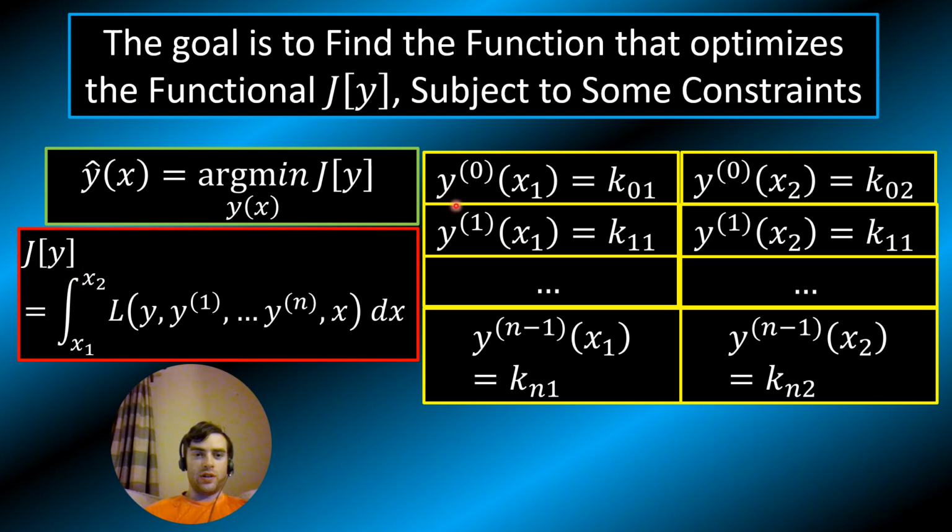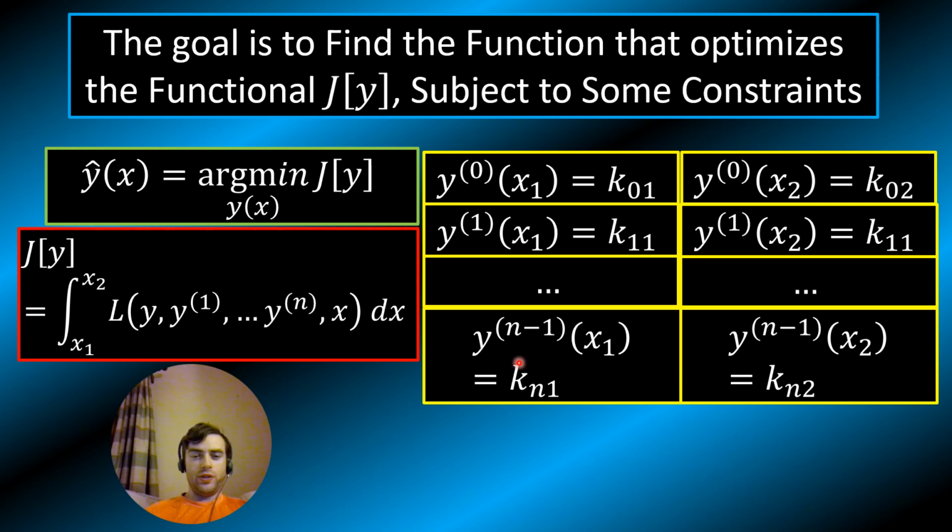As for these constraints, we're saying that the 0th derivative of y at x1 is equal to some constant, that is, y is equal to a constant at x1, then y of x2 is equal to a constant, and y prime of x1 is equal to a constant, y prime of x2 is equal to a constant, all the way to the n minus 1th derivative of y at x1 is equal to a constant, and the n minus 1th derivative of y with respect to x at x2 is equal to a constant as well.